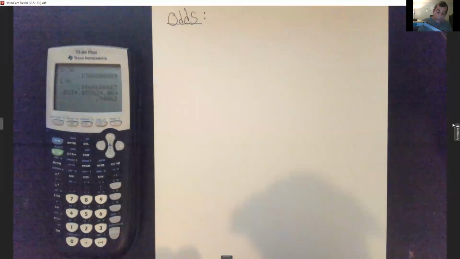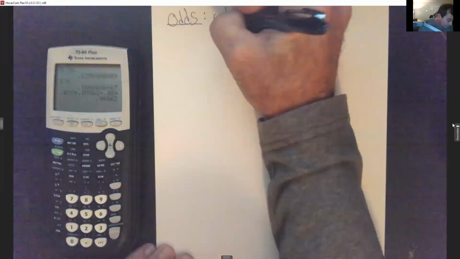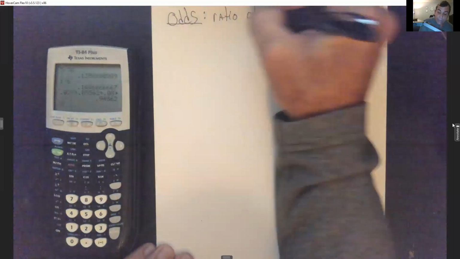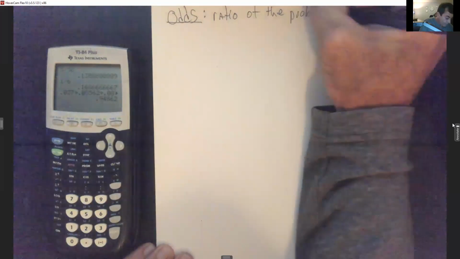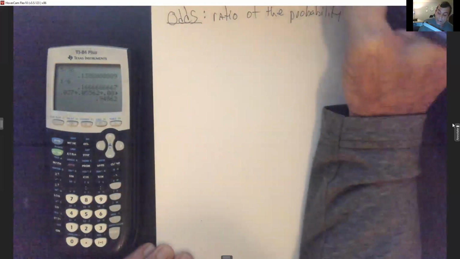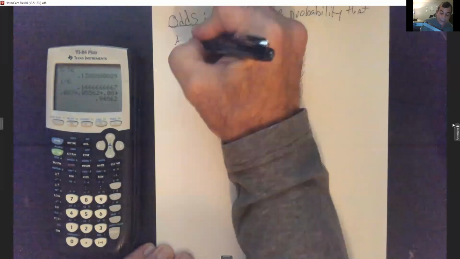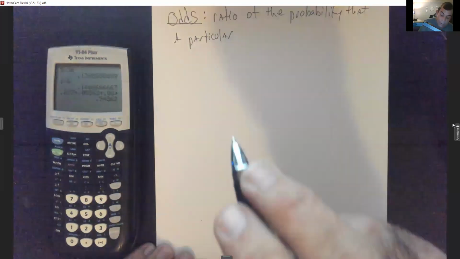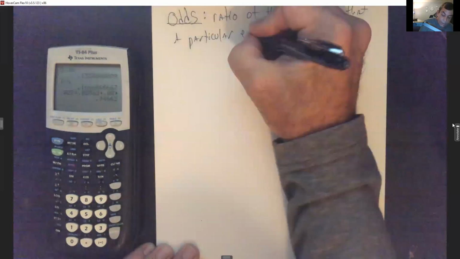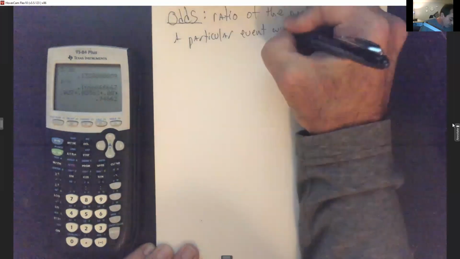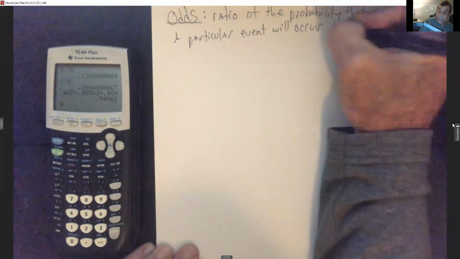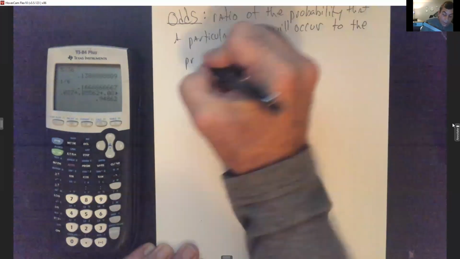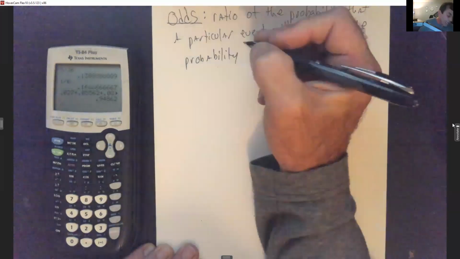Odds are a ratio of the probability that a particular event will occur to the probability that it will not occur.